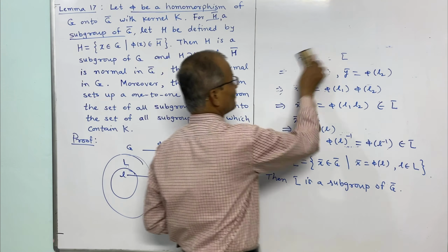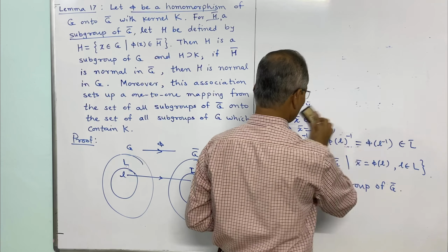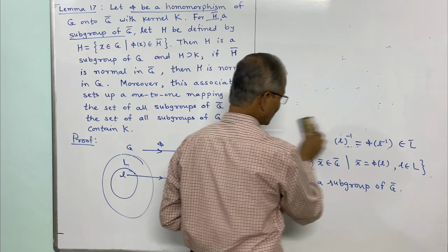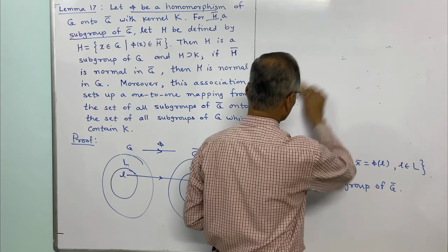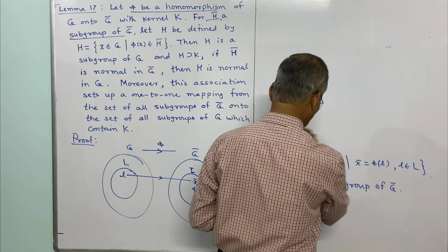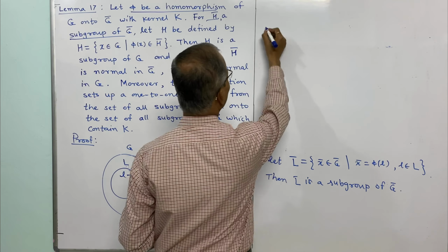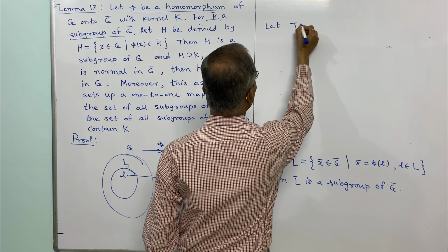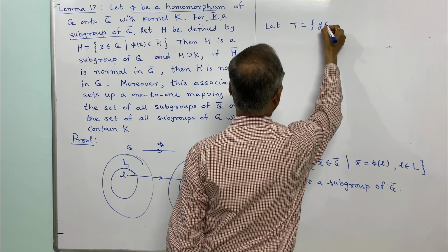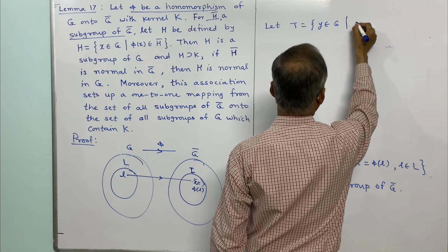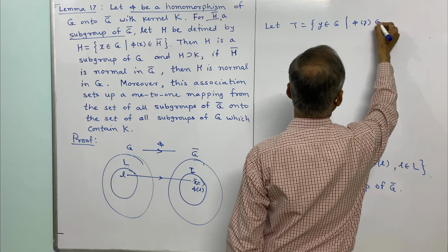Now we want to further show something. Let T be the set of all y belonging to G such that phi of y belongs to L bar.